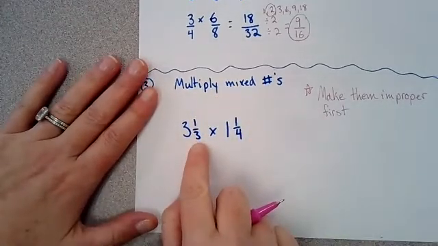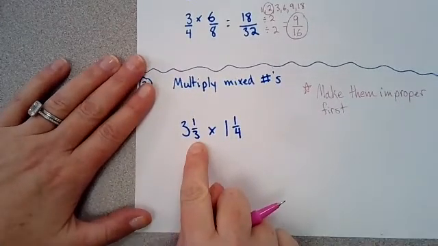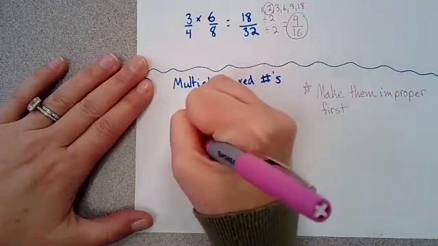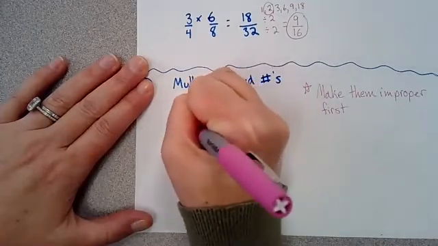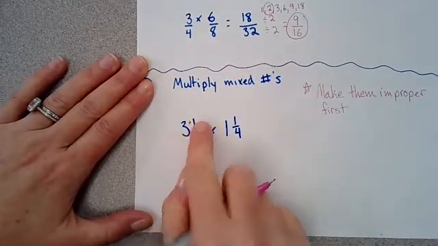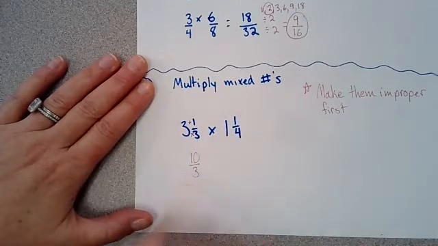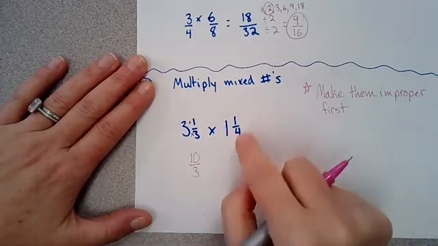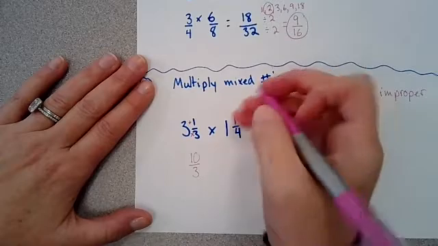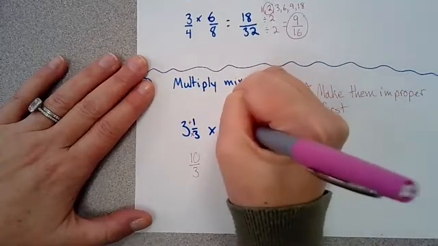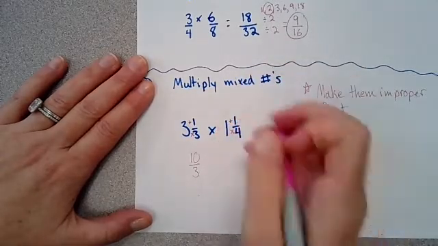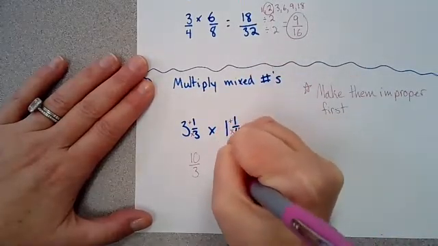So to turn this into an improper fraction, you multiply 3 times 3 and add 1. 3 times 3 is 9, add 1 is 10, 10/3. And this is a 4th grade skill, so you should know it. Then 1 1/4, you multiply 4 times 1, add 1. 4 times 1 is 4, add 1 is 5/4.